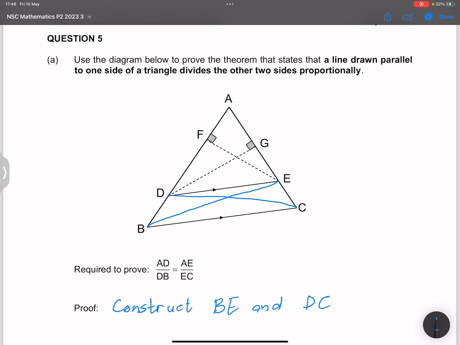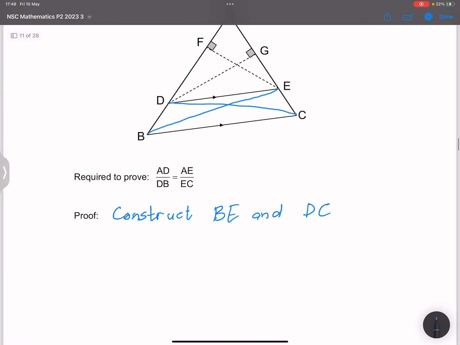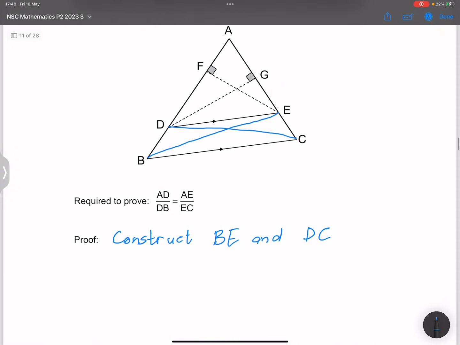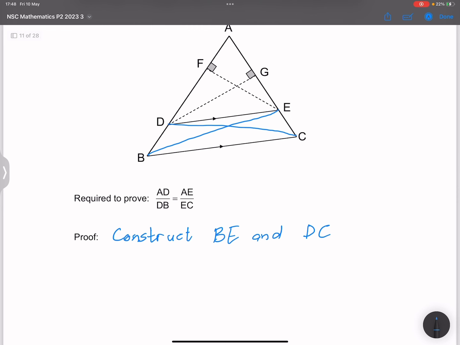Now we're going to use our area formula. So we're going to say the area of triangle ADE over the area of that smaller triangle there, which is DBE.